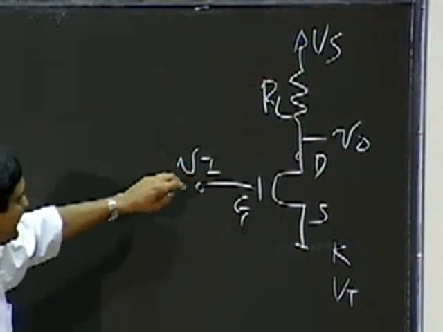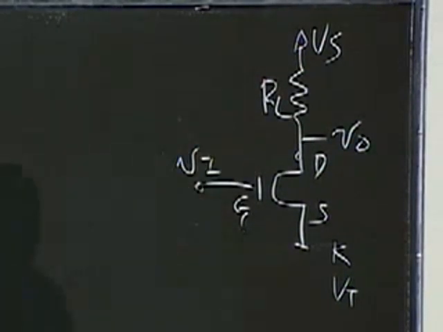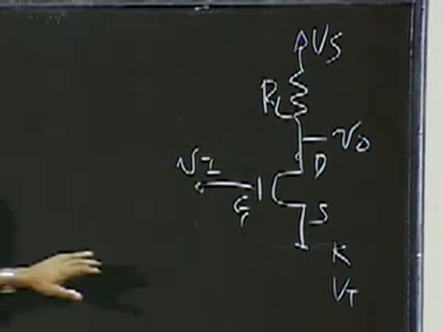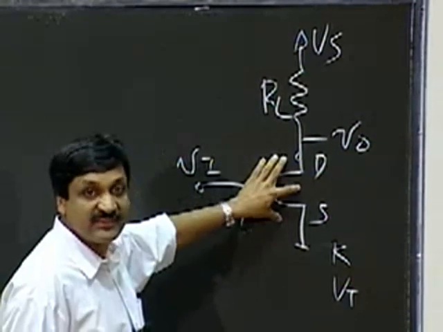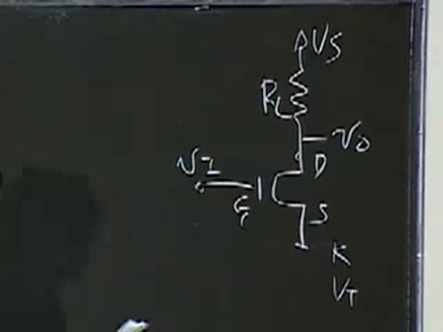My goal will be to find out the range of VI for which this device stays in saturation. And I'll use a combination of a graphical method to give you intuition, and then apply analytical analysis to get down to specific answers.